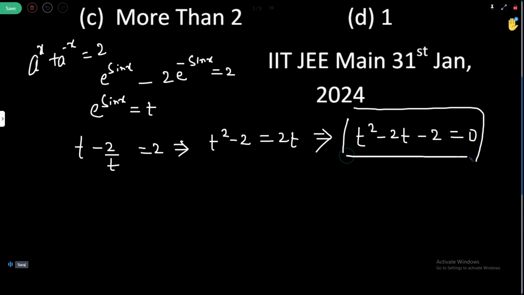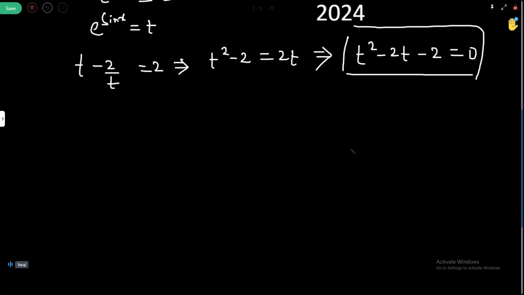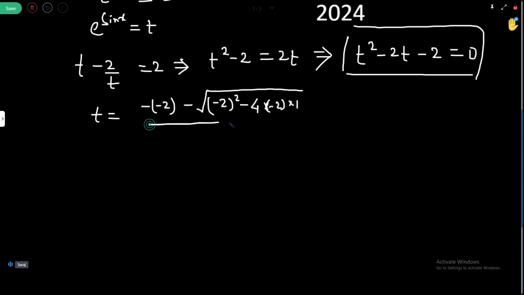Now you can solve this equation: t equals minus of minus 2, plus minus the square root of minus 2 square minus 4 into 1 into minus 2, divided by 2. Here you will find 2 plus minus the square root of 4 plus 8, divided by 2.